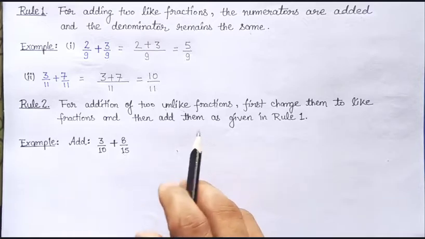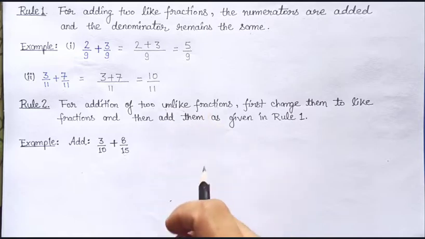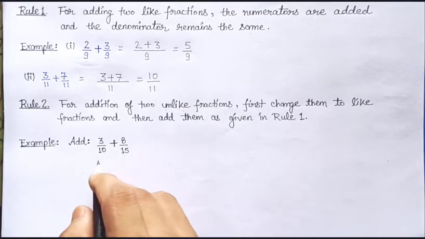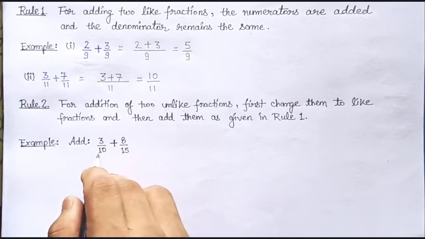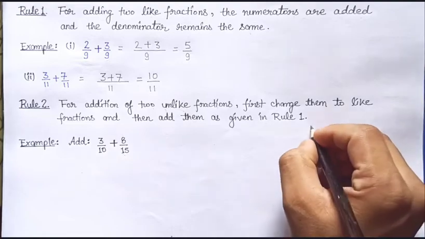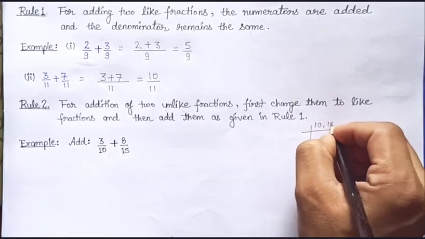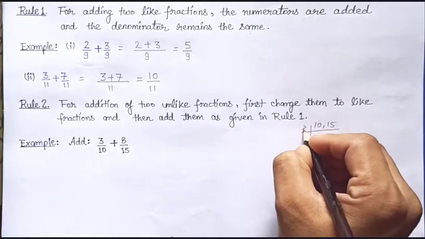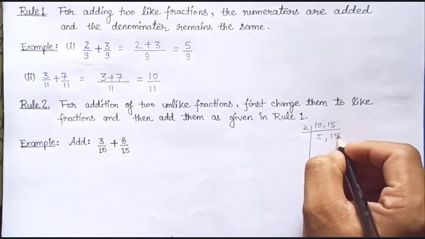So how do we proceed? First we convert these two fractions into like fractions. In order to do that, first we have to take the LCM of the denominators, that is 10 and 15. We divide by 2, it comes out to be 5 and 15.